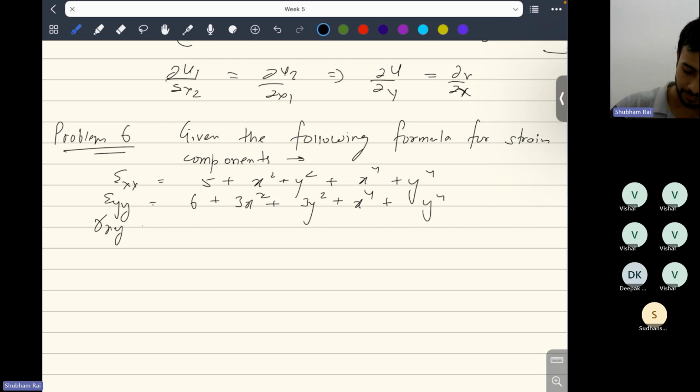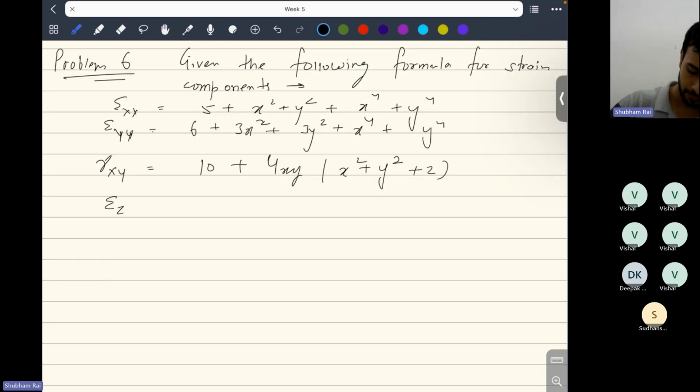Then gamma xy is 10 plus 4xy times (x square plus y square plus ...), and epsilon zz, gamma yz and gamma zx equal 0.